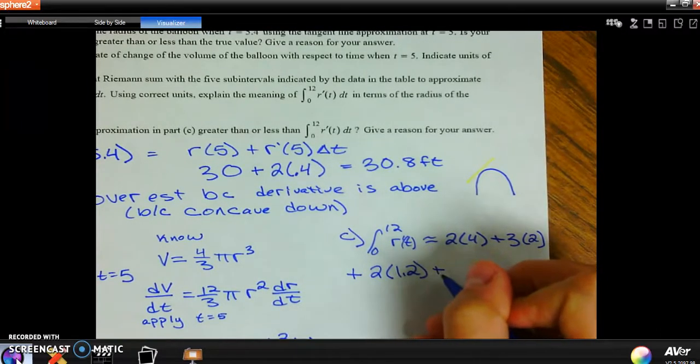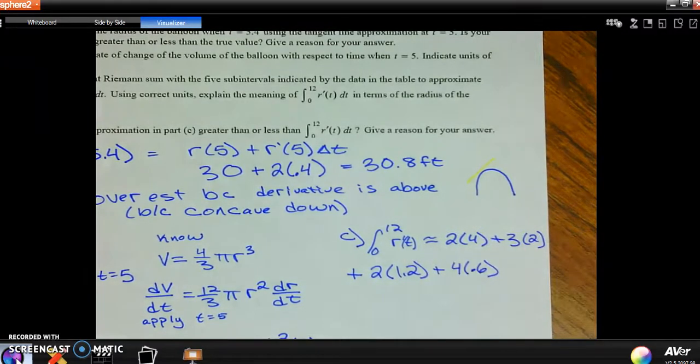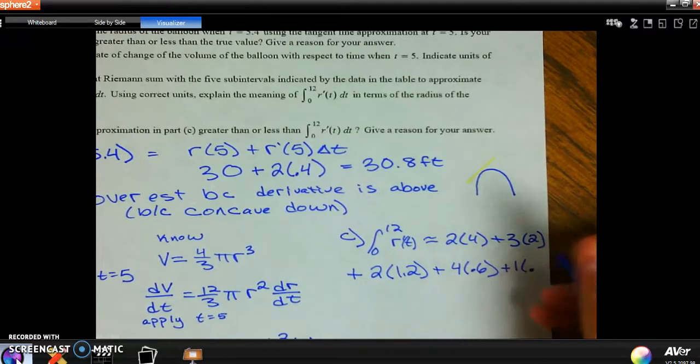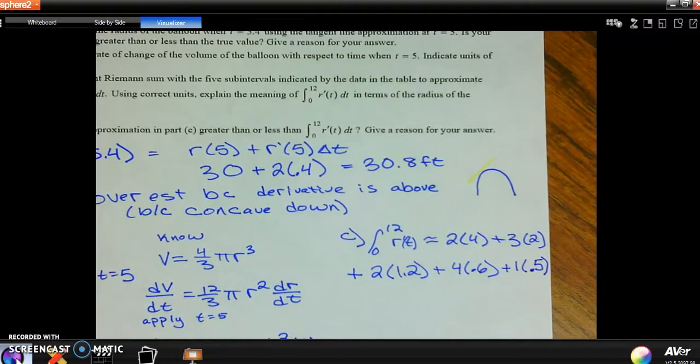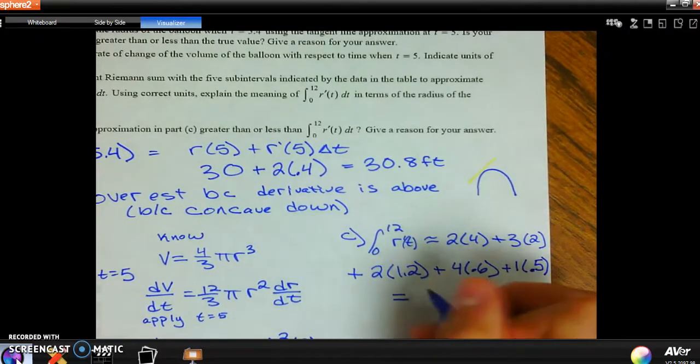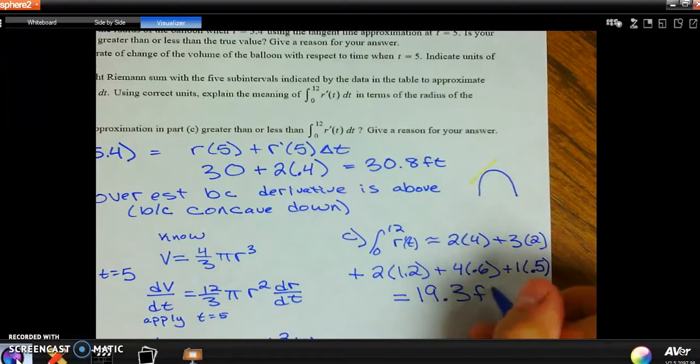The width of the next one is 4 times 0.6. And then the last one is just a width of 1 and a 0.5, because from 11 to 12 is only 1. Okay, so there's my setup. And then through some calculations, hopefully you get 19.3, and that's going to be measured in feet.